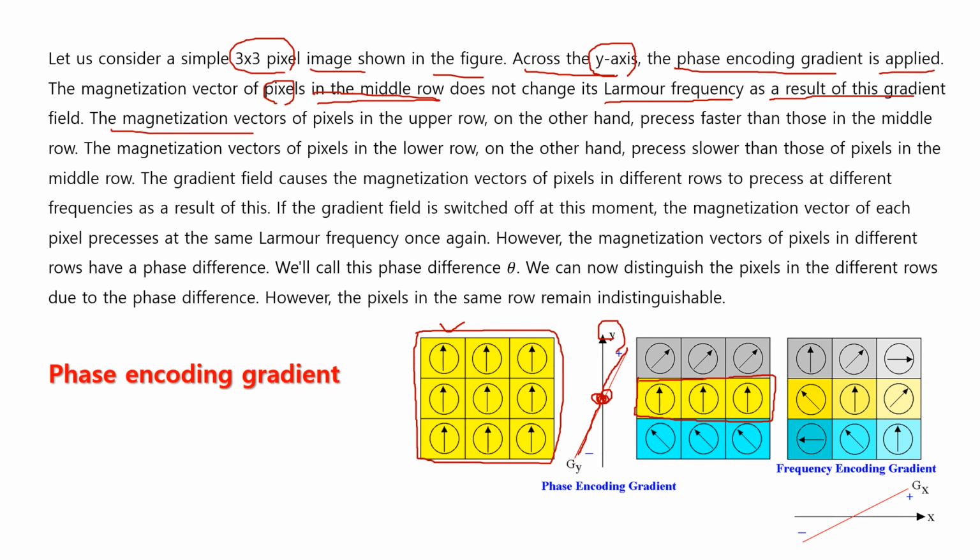The magnetization vectors of pixels in the upper row, on the other hand, precess faster than those in the middle row, because the gradient field is plus. So in the upper row, the precession frequency is faster than that in the middle row.